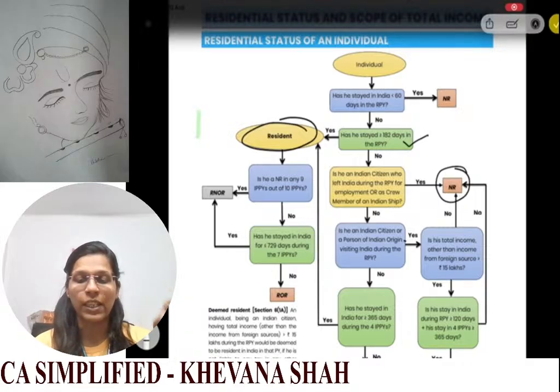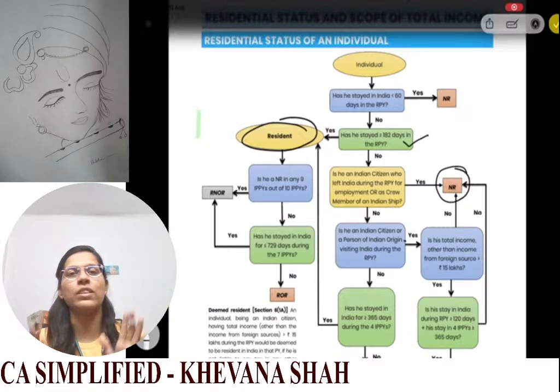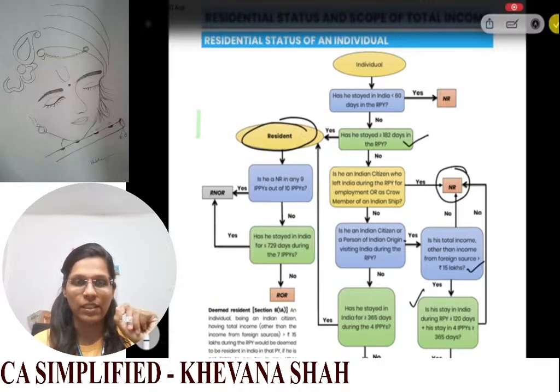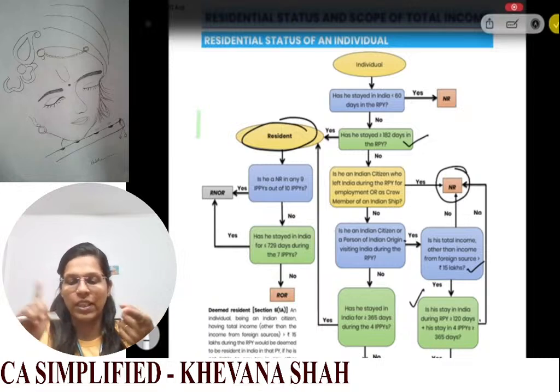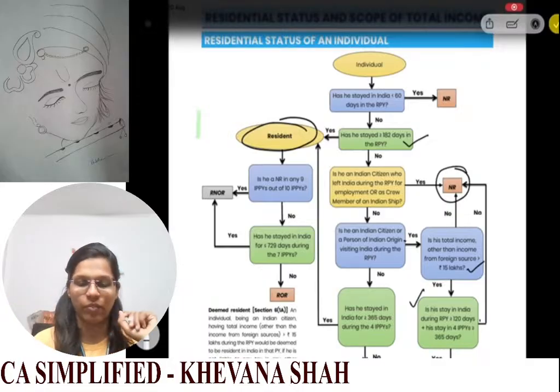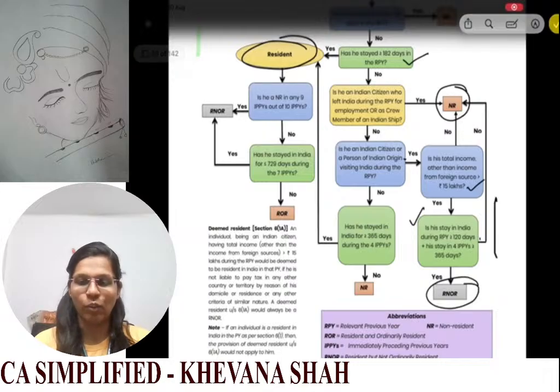If his total income other than income from foreign sources, that is his Indian income, is more than 15 lakh rupees, and his stay in India during the relevant previous year is more than or equal to 120 days, and one more condition along with this 120 days is that his stay in the 4 immediately preceding previous years should be more than or equal to 365 days. If all these conditions are met, then that person will be termed as RNOR.